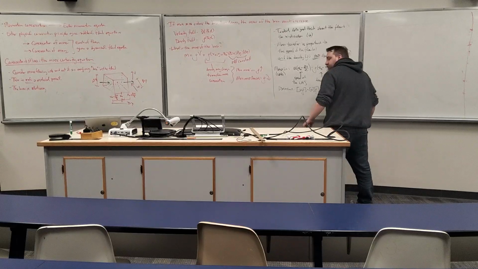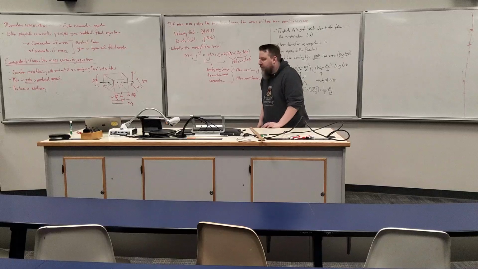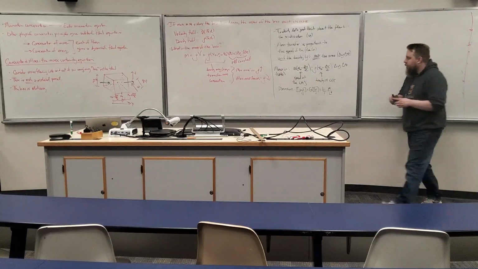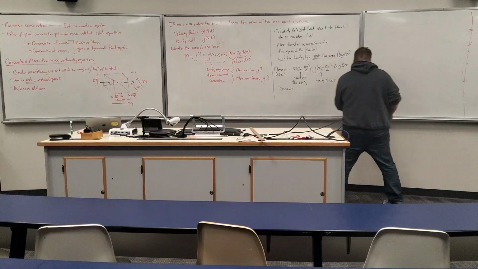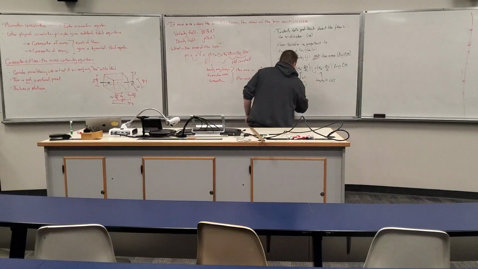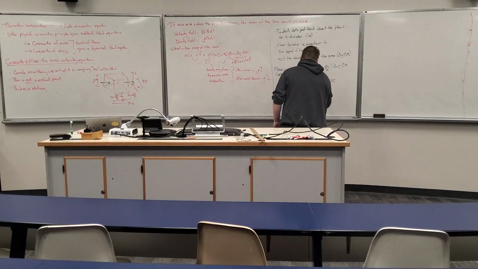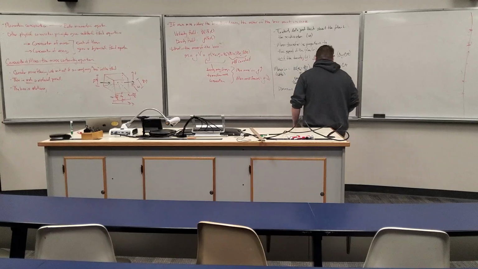Now our dimensions need to be corrected. The dimensions of rho u delta y delta z are mass per length cubed times length per time times length times length.